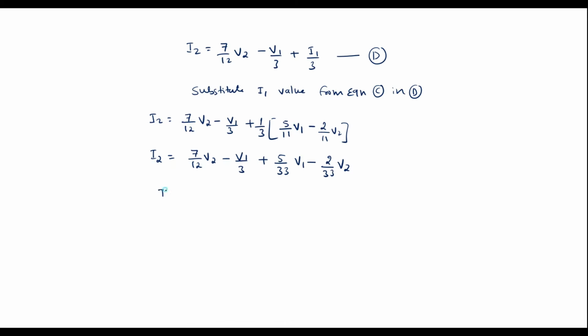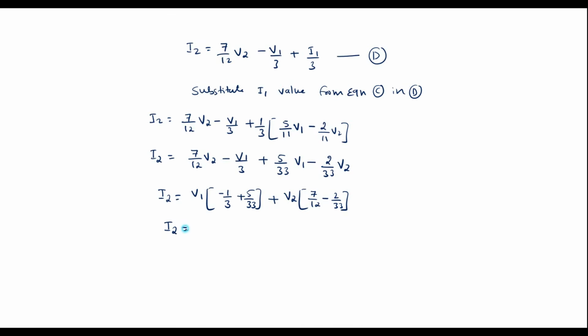Or I can write I2 is equal to the bracket of 5 by 33 minus 1 by 3 times V1 plus the bracket of 7 by 12 minus 2 by 33 times V2.